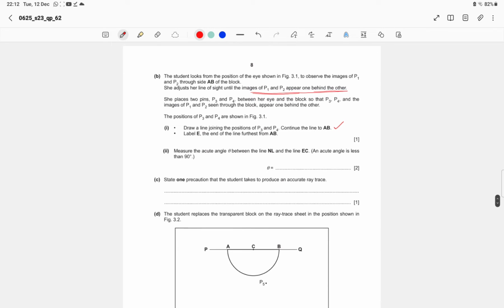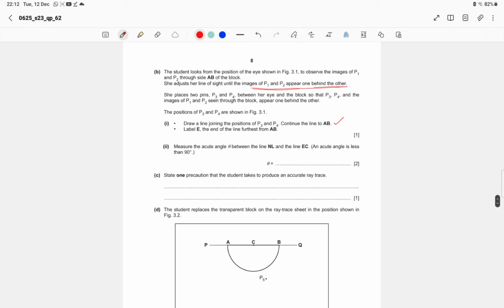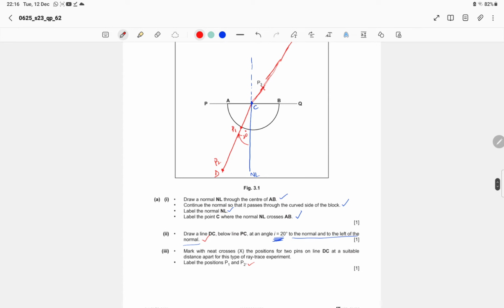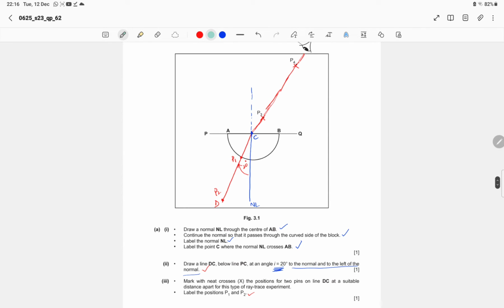Now we have to draw and label E. So at this point furthest from AB, you have to draw the line like this. I'm drawing the line. You have to stretch the line P4 P3 till the end, and this is going to be this. And in your next part you have to put a D and measure this angle.